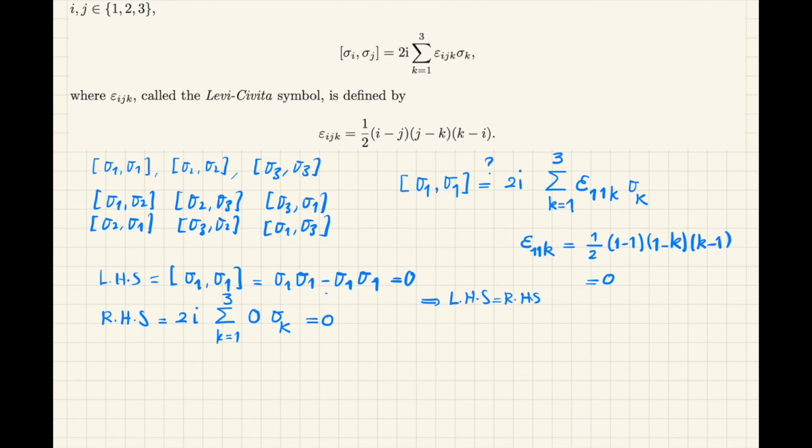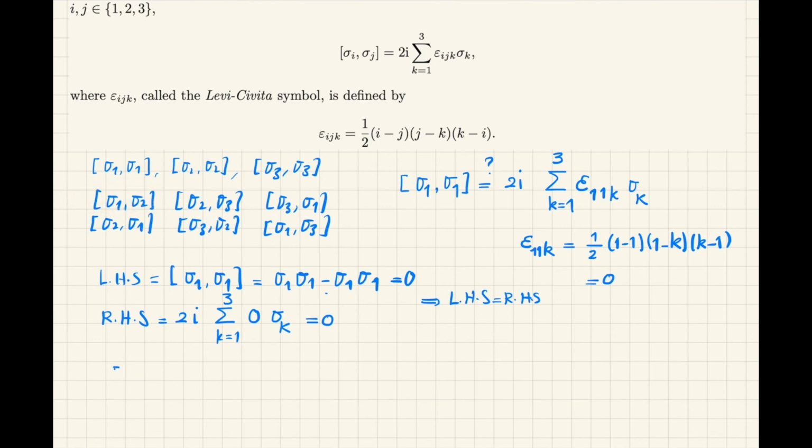For the other ones, I need to consider only these 3, yes? Because calculating this is just multiplying the first one by a negative sign. So we know that sigma 2, sigma 1 is related to sigma 1, sigma 2 by this relation. That's only the minus sign difference. Okay, so let us, for example, consider one of these cases. Let me consider this first one, sigma 1, sigma 2.